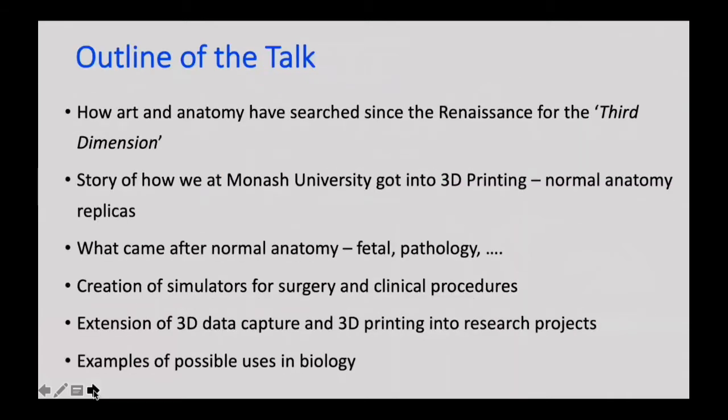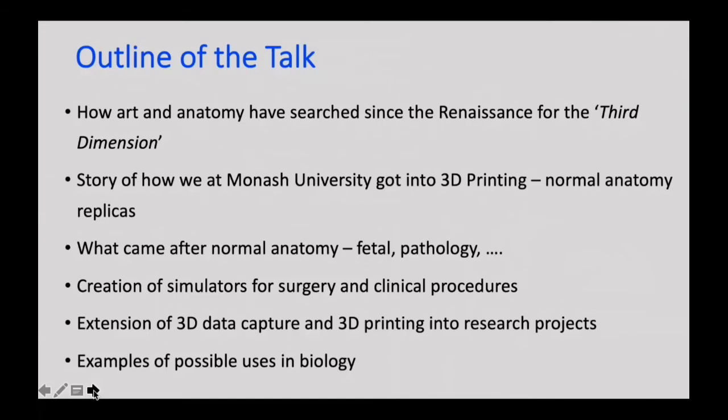So I'll break the talk up into these headings. I'm going to start with how we've been searching since the Renaissance for ways to illustrate the depth and three-dimensional form of human anatomy. I recently wrote a review about this, so it's quite fresh in my mind, and it's an interesting way to start the topic.